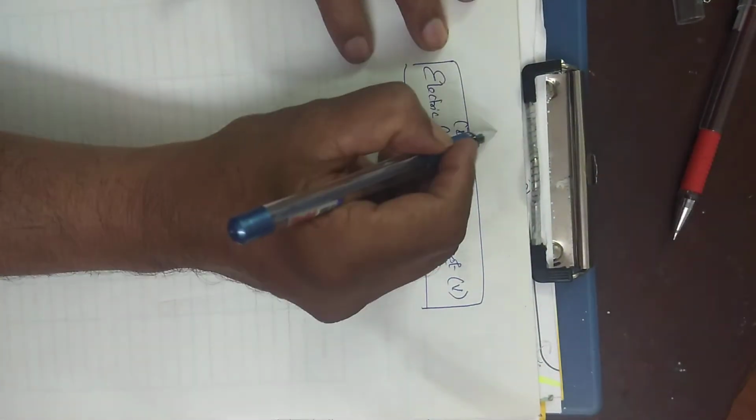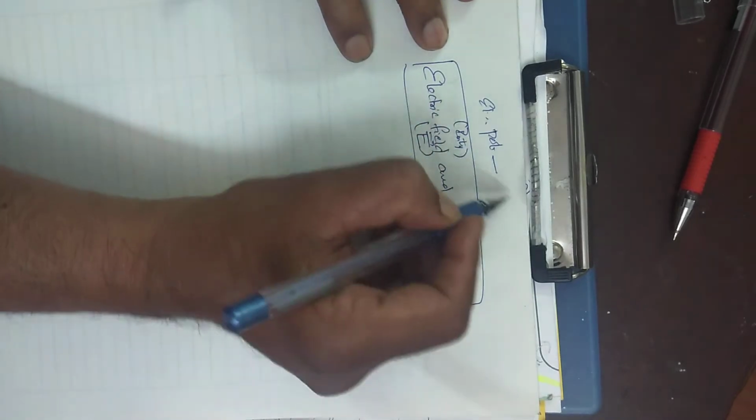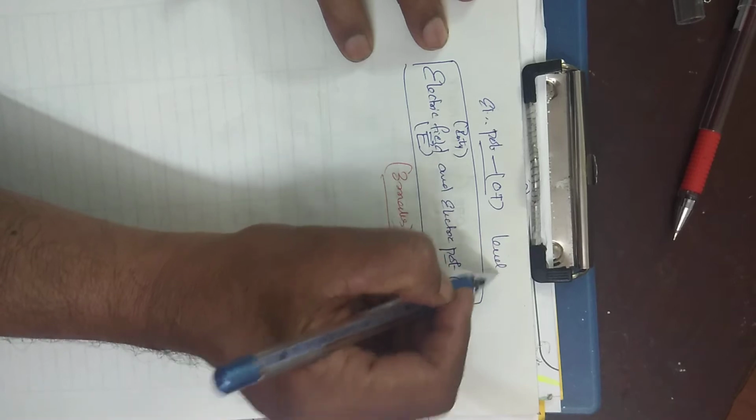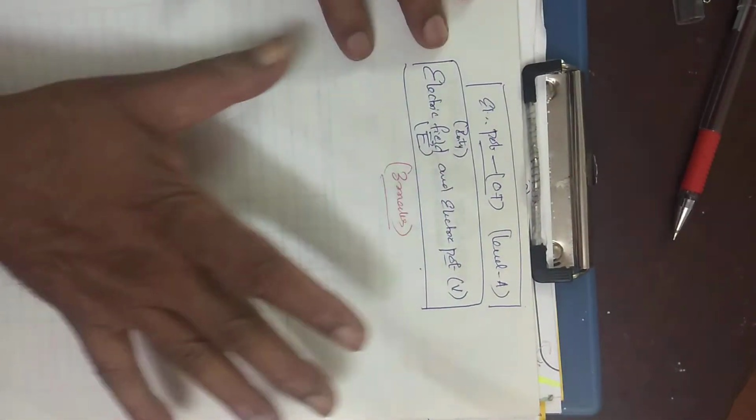See what you have to do here. We are doing this only for electric potential, class 7, level A. This is only a small help we are doing for you to prepare for an exam.